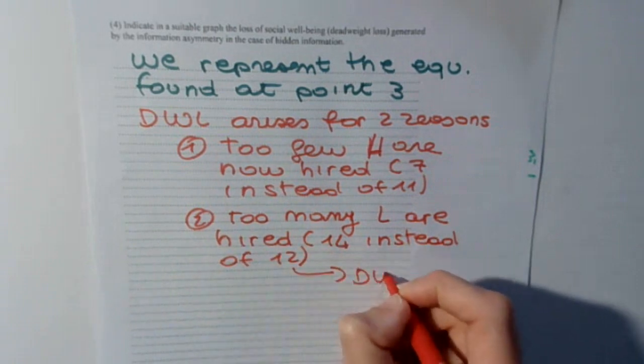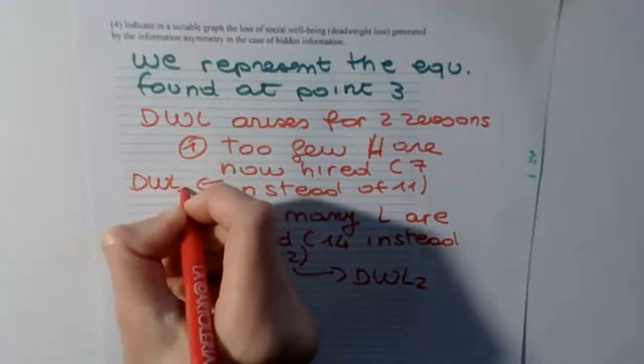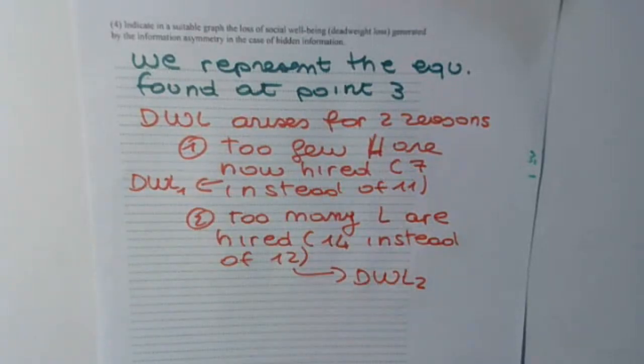Okay, this is deadweight loss 2 in our graph. This is deadweight loss 1 in our graph. Okay. And this gives basically the deadweight loss under this scenario. And we are done with this exercise.